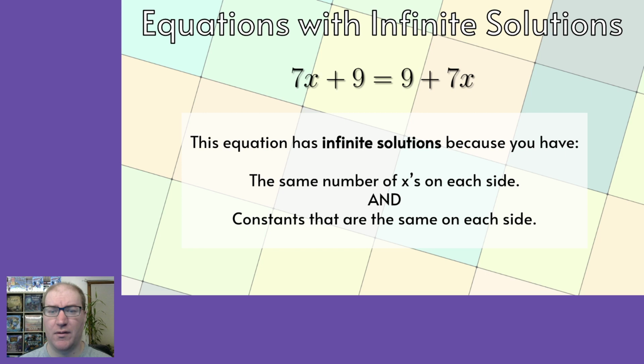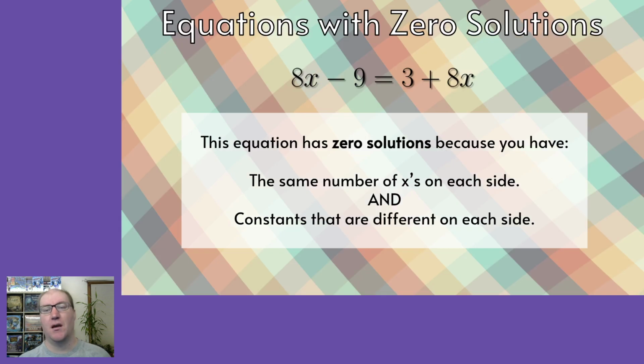It's because both sides have a 7x and both sides have a 9. This has infinite solutions. This one has 0 solutions because both sides have an 8x. But one has a negative 9 and one has a 3. The variable is exactly the same on both sides, but the constants are different. That means that this will have 0 solutions.